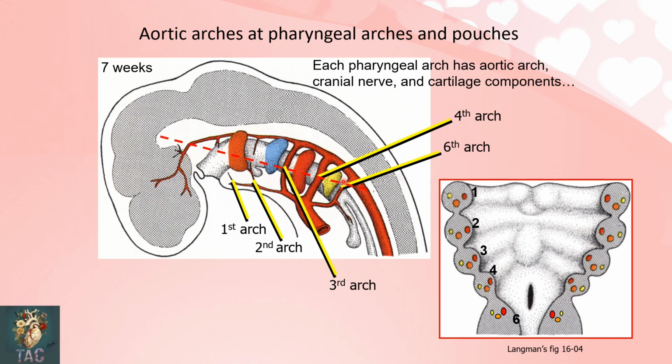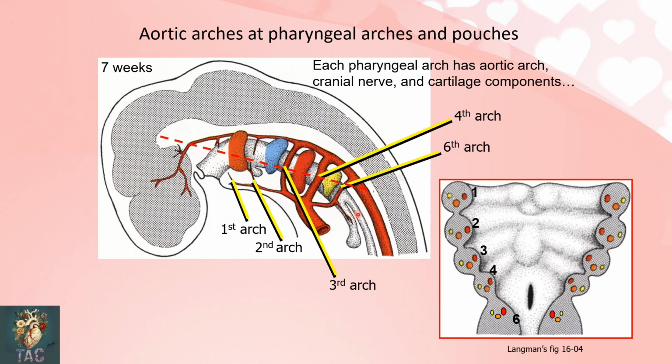Here, just to remember that we have 1, 2, 3, 4th and 6th pharyngeal arches and pouches, and each arch has its own artery, its own nerve and its own cartilage. So first pharyngeal arch has first aortic arch, second has second, third has third one, fourth and sixth.